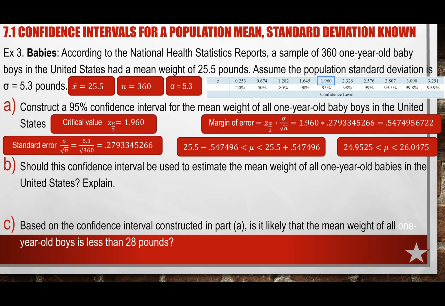So my confidence interval is this. Again, if they ask you on your homework to interpret this, you would say, we are 95% confident that the population mean for these 1 year old baby boys is between 24.95 and 26.05. Okay, so basically, if you interpret, we just say that the population mean will be between these two values.